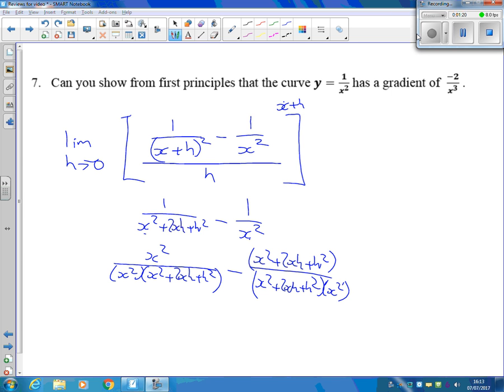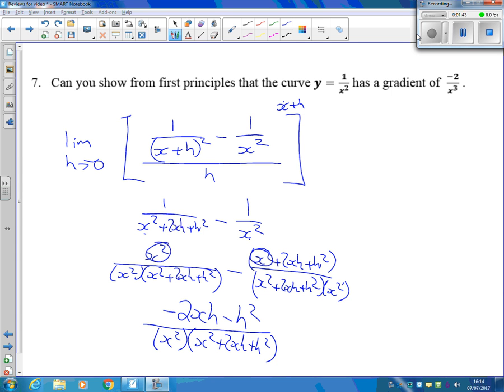So when we're taking those things away, what we're going to be left with is minus 2xh minus h squared, so look, those two things cancelling out again, all divided by the x squared that we had before and the x squared plus 2xh plus h squared there.